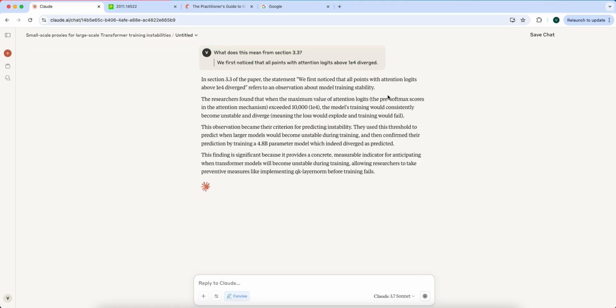When the maximum value of attention logits exceeded 1e4, the model's training would consistently become unstable and diverge, meaning the loss would explode and training would fail.